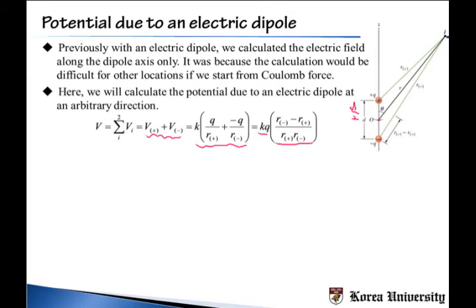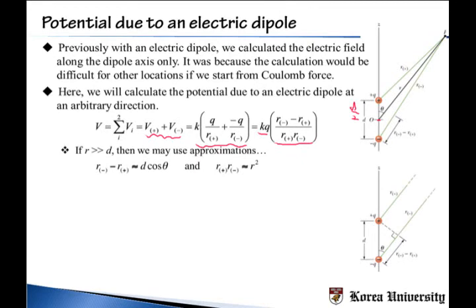If you take a look at the figure, the difference between R minus and R plus may be a little bit difficult to calculate, but remember, we always take this electric dipole to be very small. If it's small enough, we can approximately say that the directions of R minus and R plus are almost parallel to each other.